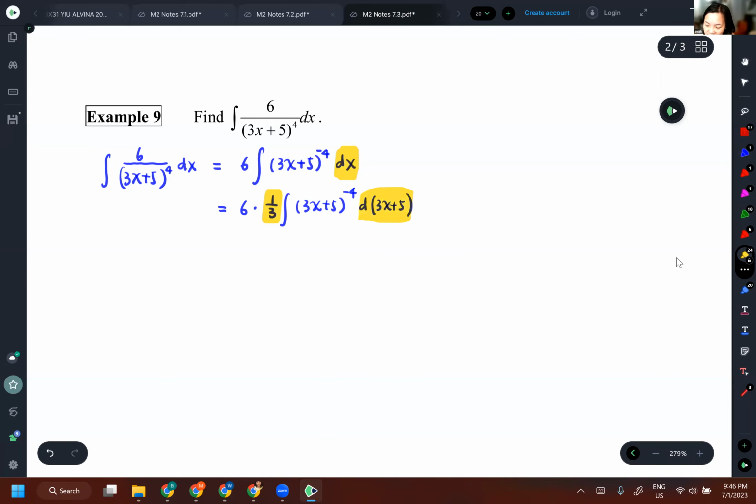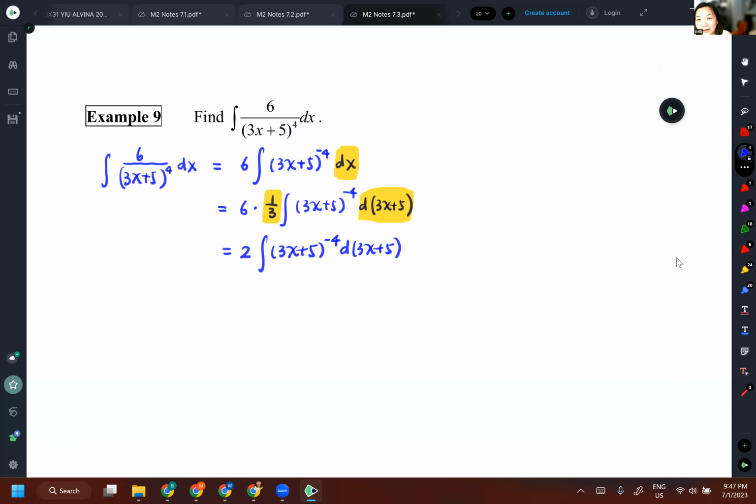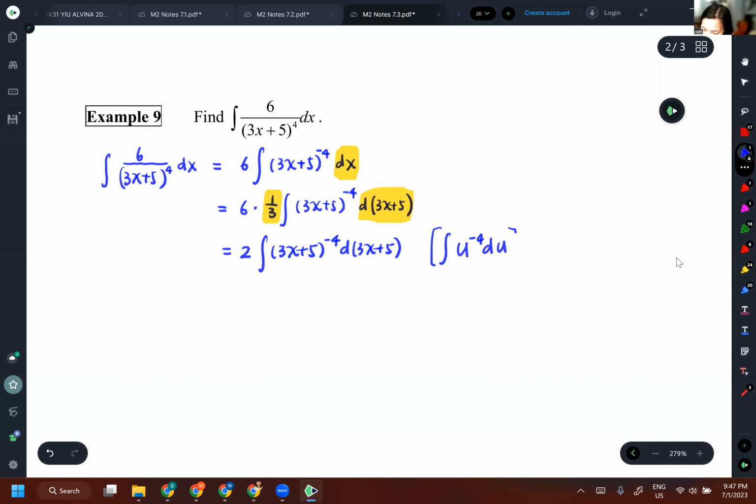dx is changed to another variable. Okay. And then you can simplify this. (3x plus 5) to the power negative 4, d(3x plus 5). Okay, and then now you can use the formula. This is basically u to the power negative 4 du.